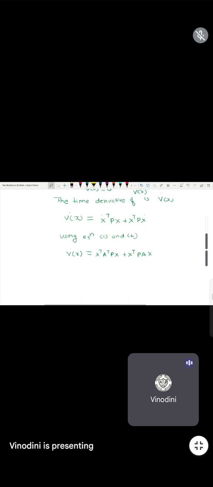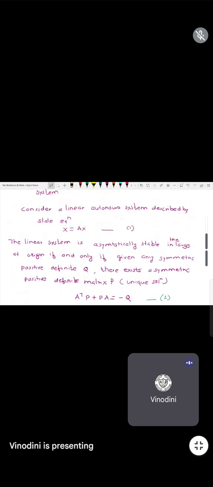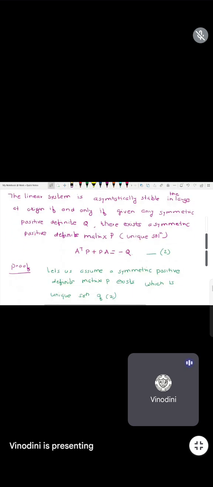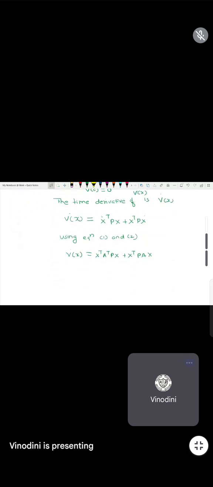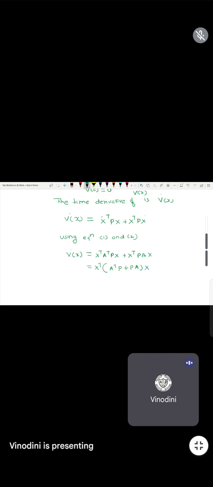What is done? The x dot value is substituted. Then x transpose (A transpose P plus P A) x.